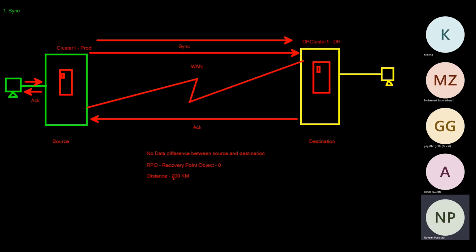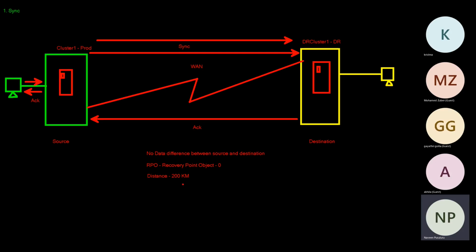So if the distance between my source and destination is thousands of kilometers, for example, if I have implemented synchronous replication between Hyderabad and the USA, say New York or any city in the USA, thousands of kilometers away, it will impact the performance. It will take minutes to copy the data from here to there and get the acknowledgement, which will impact the performance of the application, which is not at all recommended.